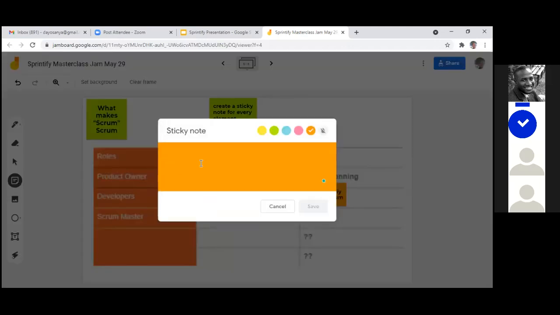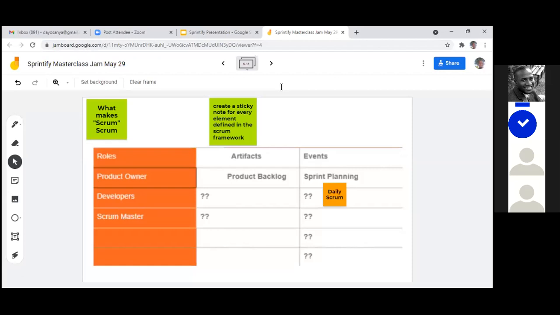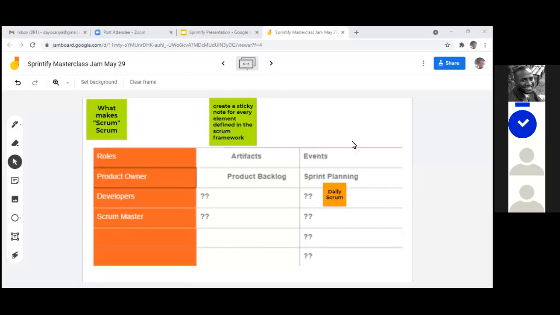I'm not even seeing your screen. Are you sure you can't see my screen? We can't see your screen. Can you see my screen now? Now I can see the roles, the product owner.